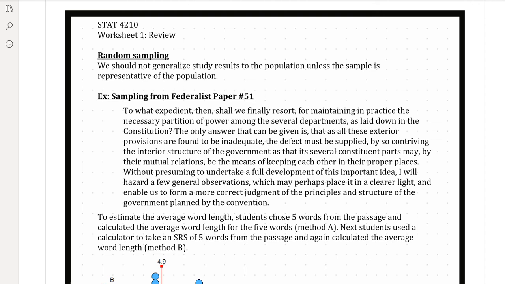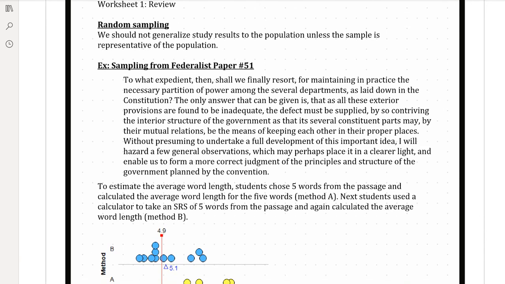For example, we should all be familiar, or most of us will be familiar through U.S. history, with the Federalist Papers, which were used to promote the signing of the U.S. Constitution. So from Federalist Paper number 51, we have this excerpt. To what expedient, then, shall we finally resort for maintaining in practice the necessary partition of power among the several departments as laid down in the Constitution?